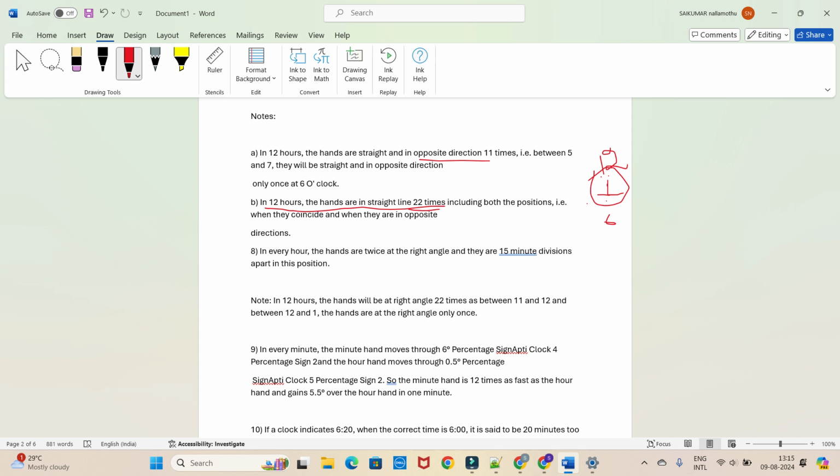So between 11 to 12 and 12 to 1, the hands would be at right angle only once, and there is only one chance that is going to give a right angle.